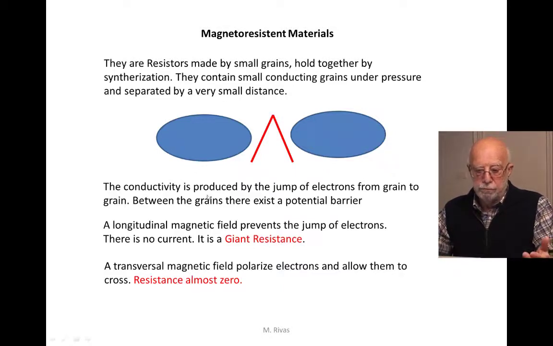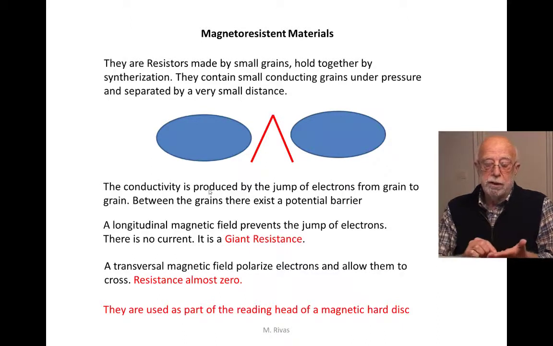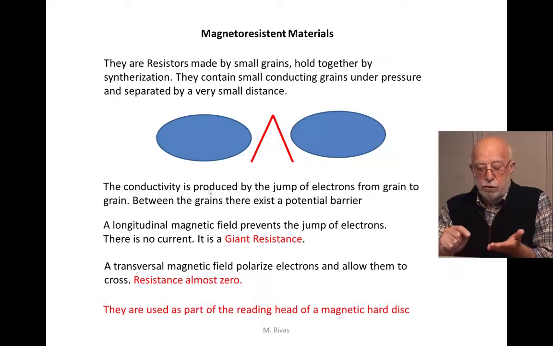It's almost zero. Well, this device is used as the reading head of a magnetic hard disk. The magnetic domains recorded on the magnetic disk have two orientations: longitudinal or transversal. The longitudinal orientation, when the head goes through that part, prevents the crossing.